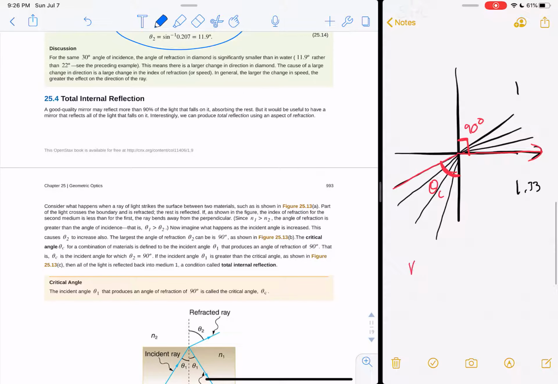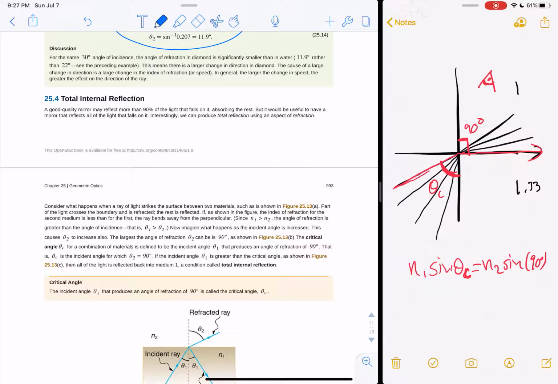So you can imagine you've got n1 sine theta 1 is equal to n2 sine of 90 degrees. That's the special case for the critical angle. Now this incident angle becomes the critical angle, and that's the case where you have total internal reflection. So if you're up here, this is your eyeball, and you're looking down towards the water, you will see rays coming out for angles less than the critical angle.